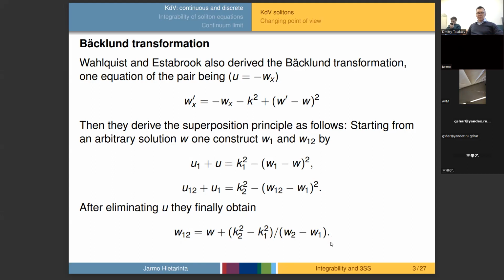equation, which is a superposition principle, really. So we have a background solution and one soliton with parameter K1 and another soliton with parameter K2. And this is a formula that gives us the two-soliton solution. So this is important for us now.